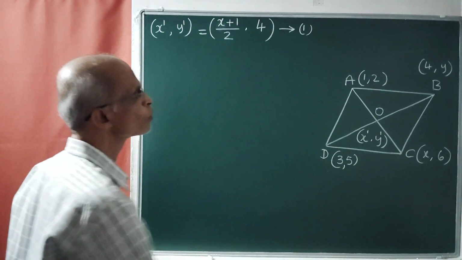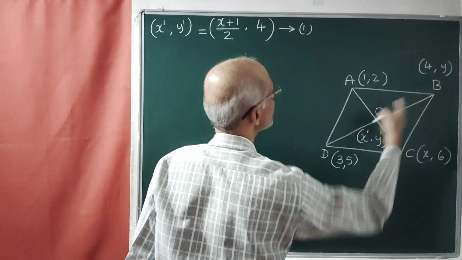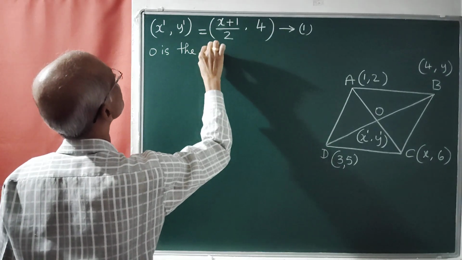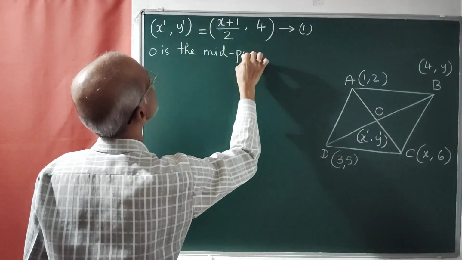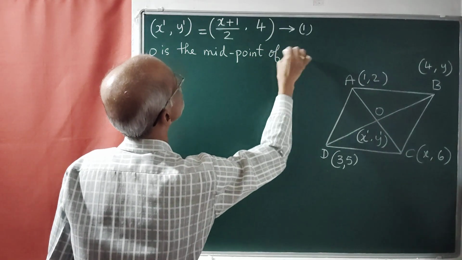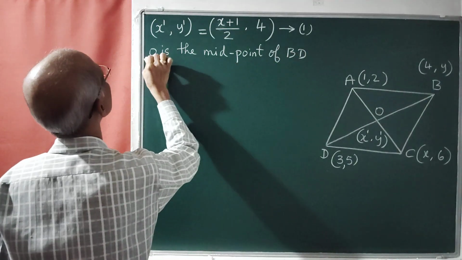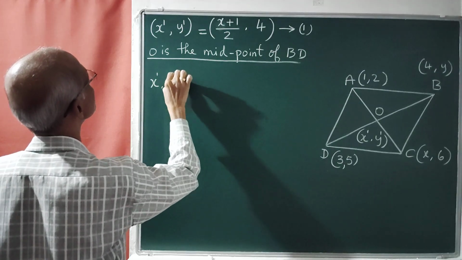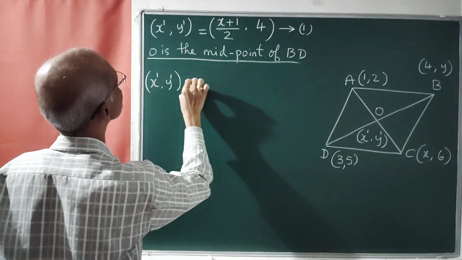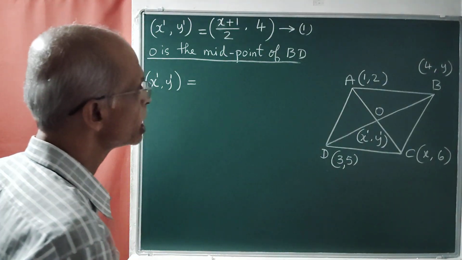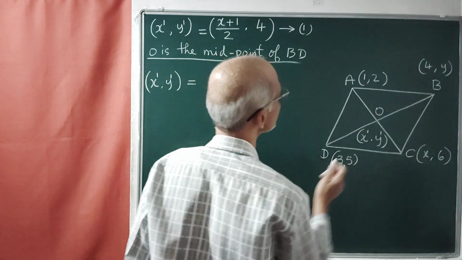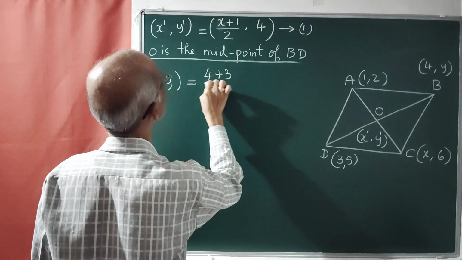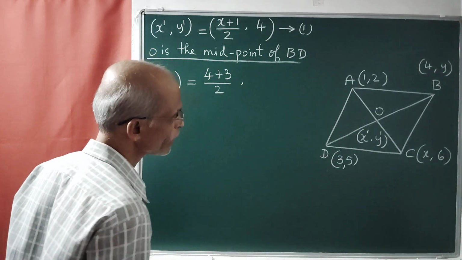Now, O is the midpoint of BD also. So (x', y') will be equal to ((x1 plus x2) divided by 2, (y1 plus y2) divided by 2).